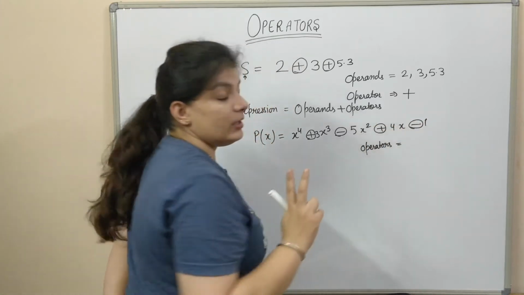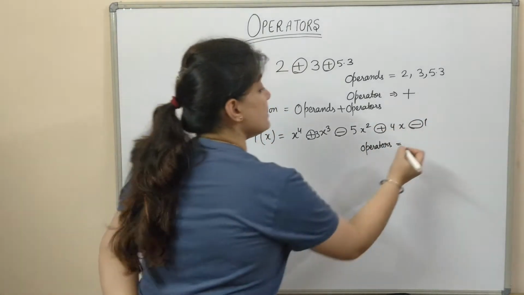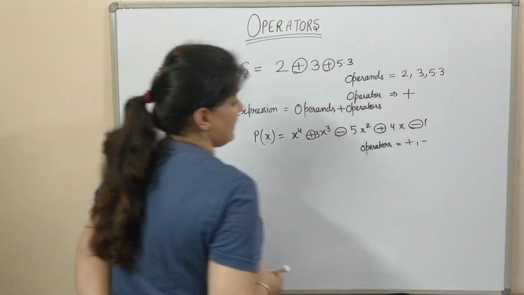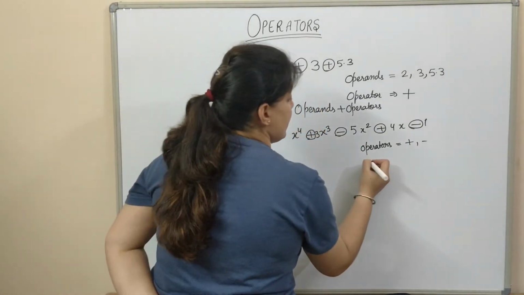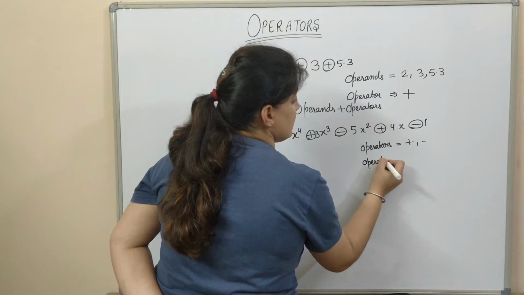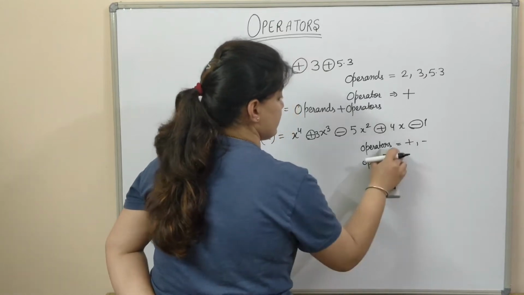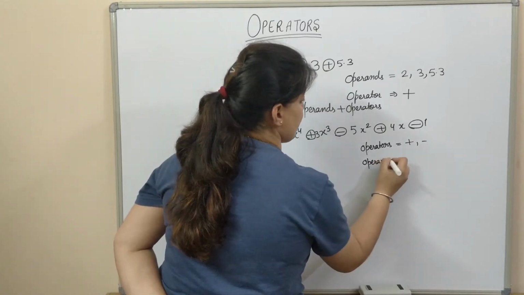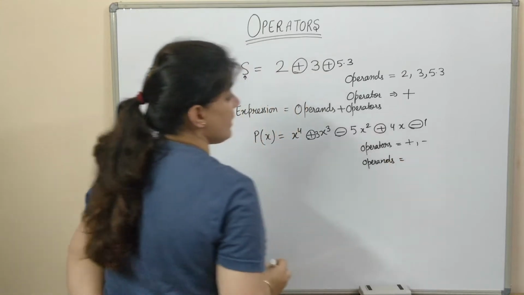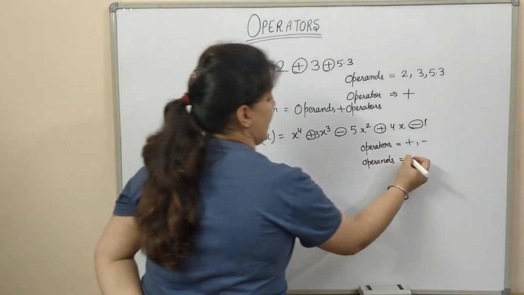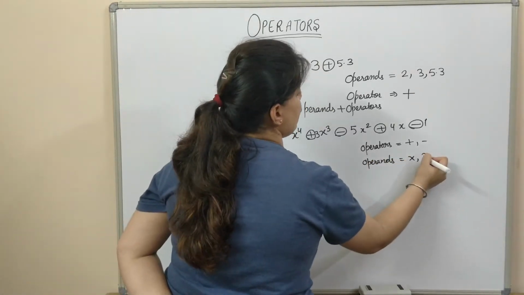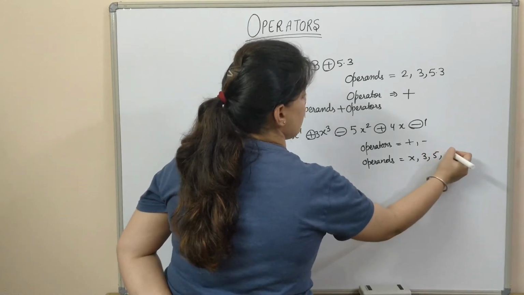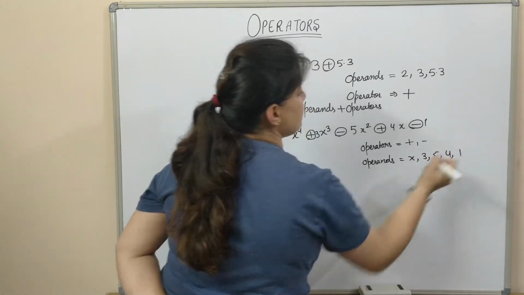So there are only two operators used in this, plus and minus. Now, the operands. How many operands do we have? x, 3, 5, 4 and 1.